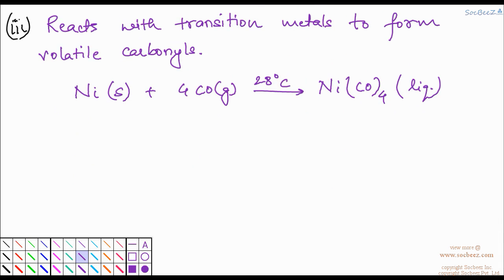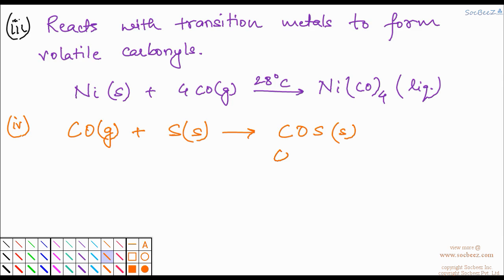Now, the fourth property is that it reacts with sulfur to form carbonyl sulfide, and chlorine to form carbonyl chloride, or phosgene. It reacts with carbon monoxide gas, reacts with sulfur solid to form carbonyl sulfide solid.